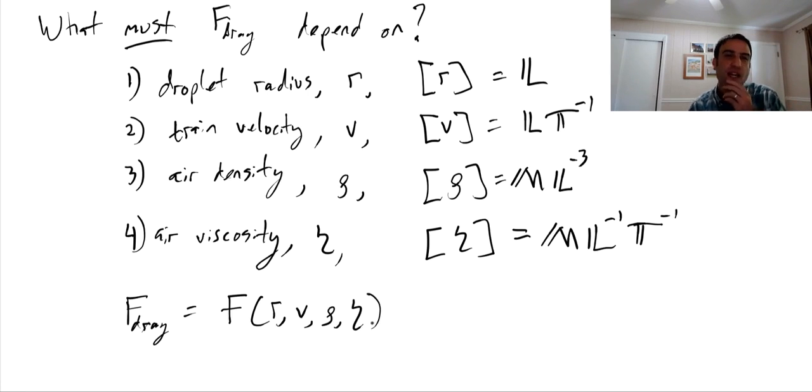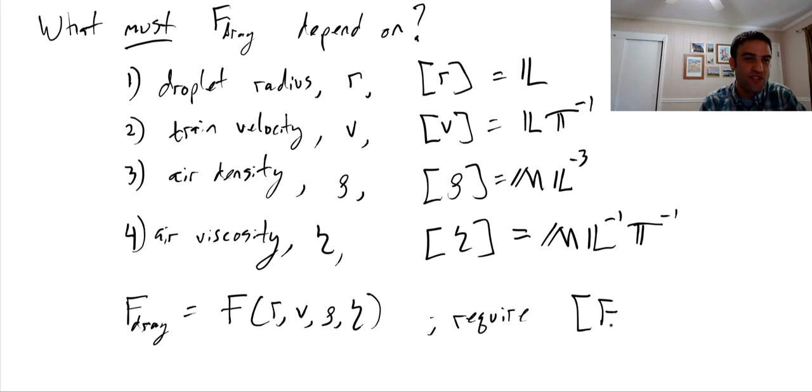And the dimensional requirement is that the dimensions of capital F for force have to match the dimensions of lowercase f for function, and this function depends on the radius, the velocity, the density, and the viscosity.